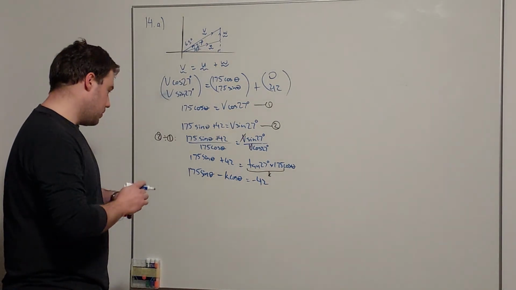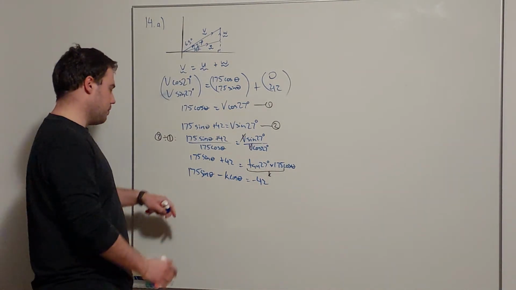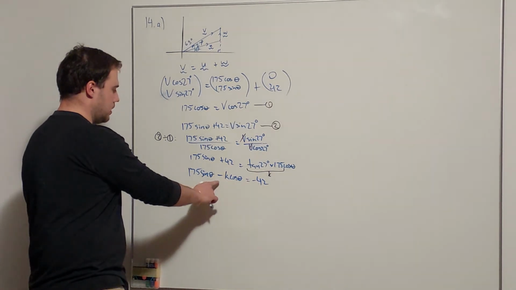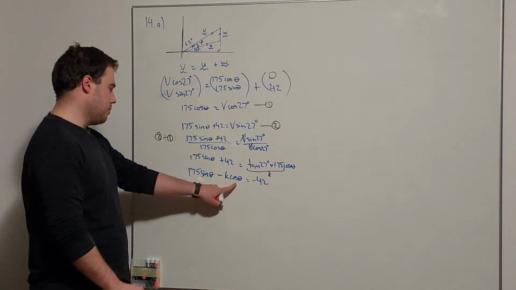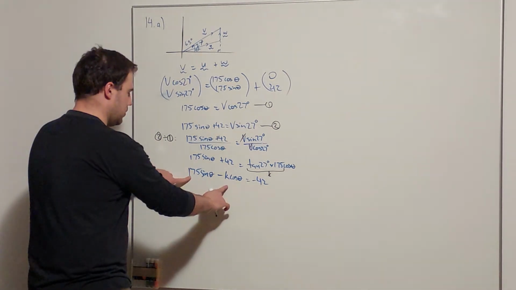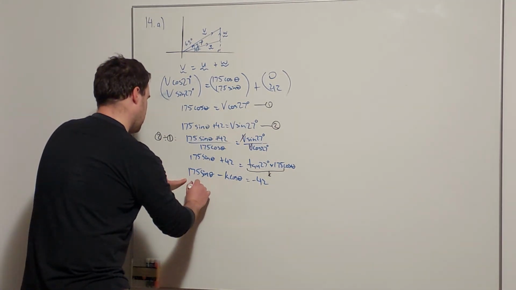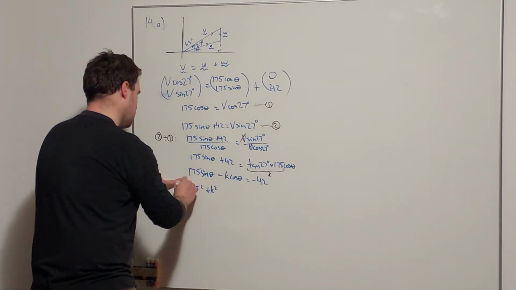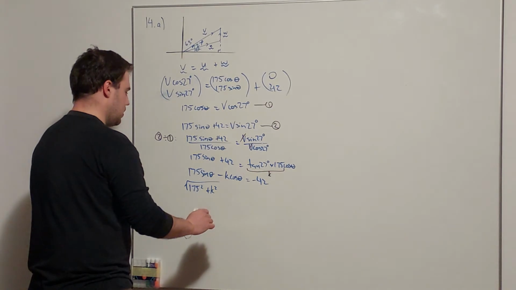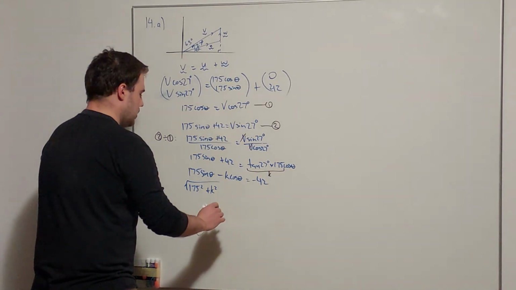Now this is of the form A sine theta minus B cos theta. So we can combine these by doing 175 squared plus K squared, where K is this whole thing, and square rooting it.